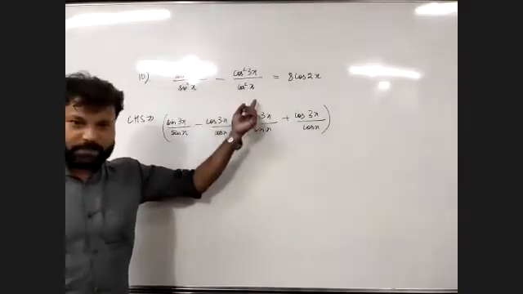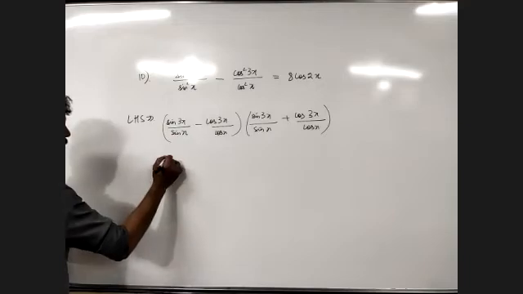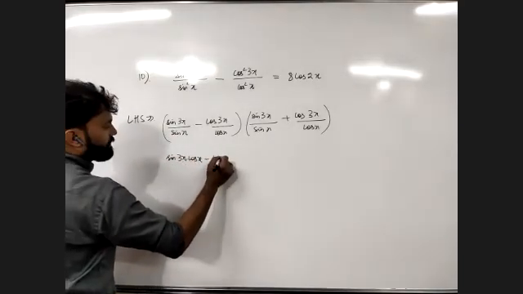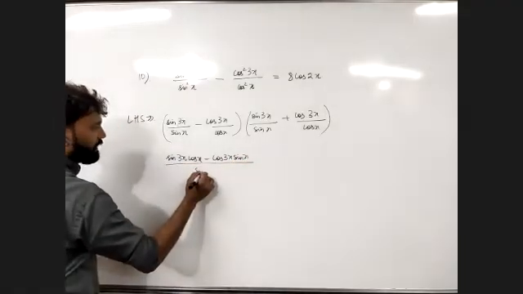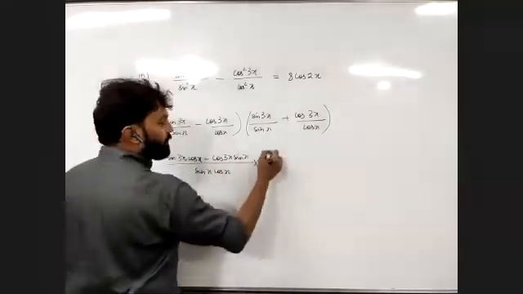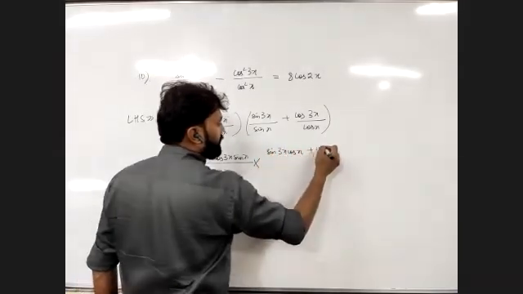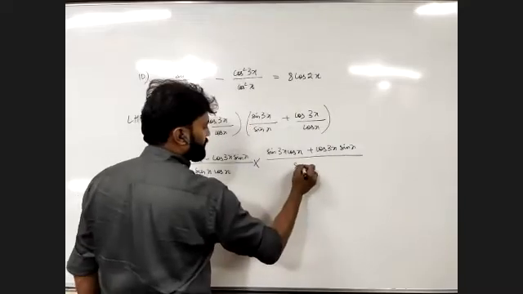A square minus b square, a minus b, a plus b. Now simply take the LCM. So this will be sin 3x cos x minus cos 3x sin x whole upon sin x cos x, into sin 3x cos x plus cos 3x sin x whole upon sin x cos x.